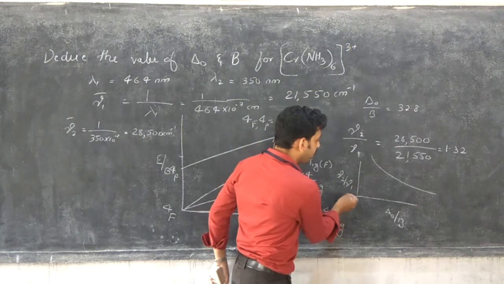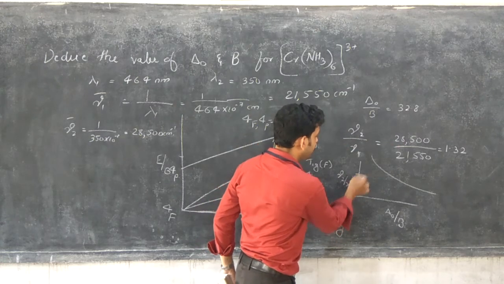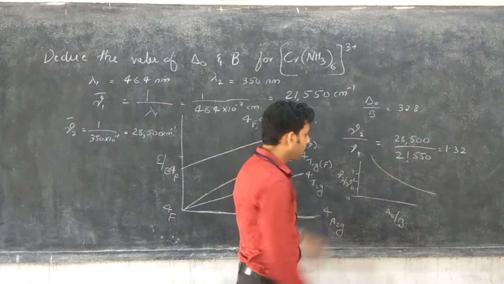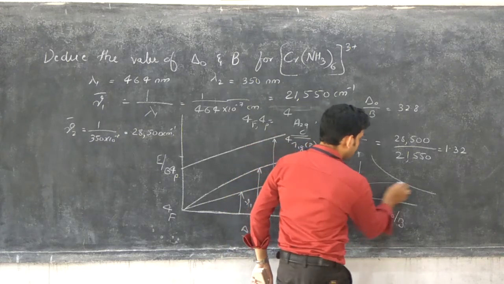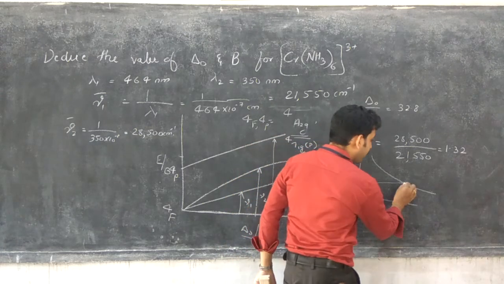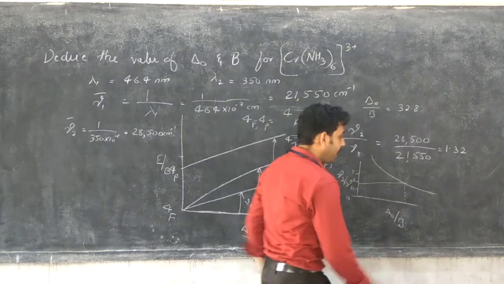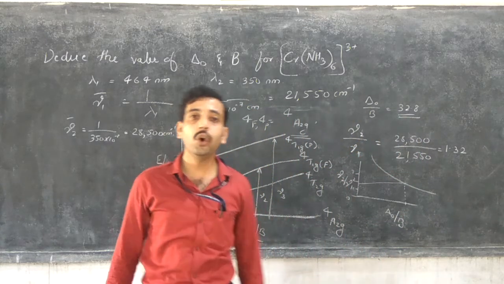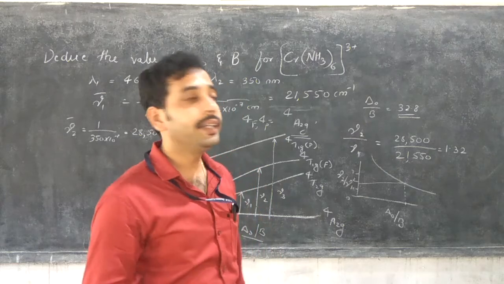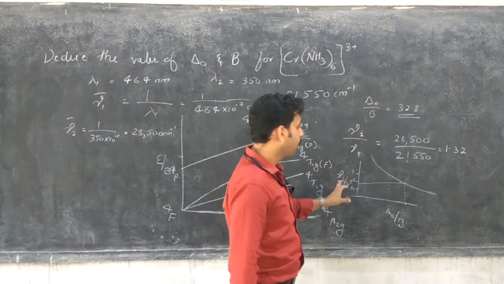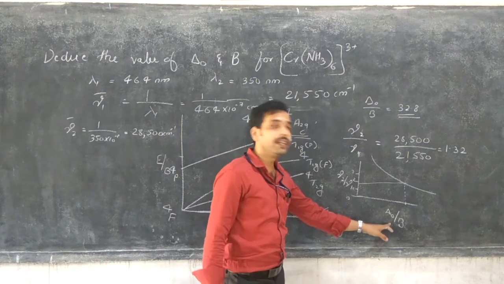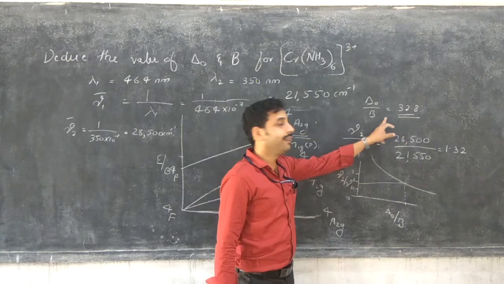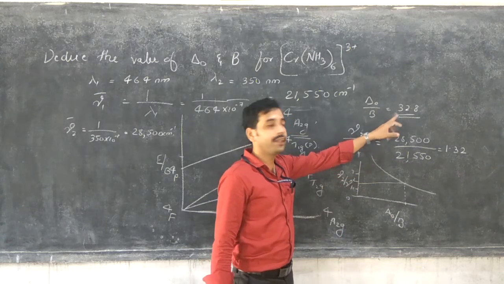We start with 0, 1, 2, 3 like that, and mark 1.32. From 1.32, draw a line until it touches the x-axis, and its value is 32.8. By plotting the graph of nu 2 by nu 1 versus delta naught by B, we calculate that the delta naught by B is 32.8.